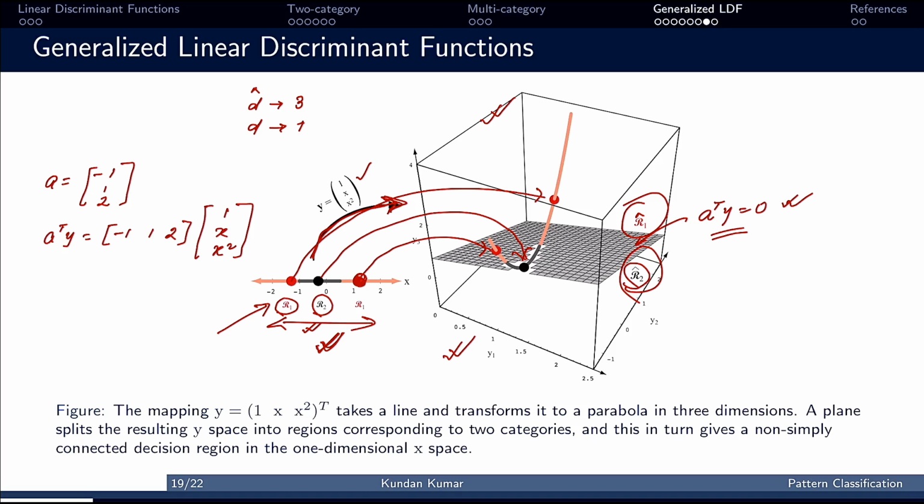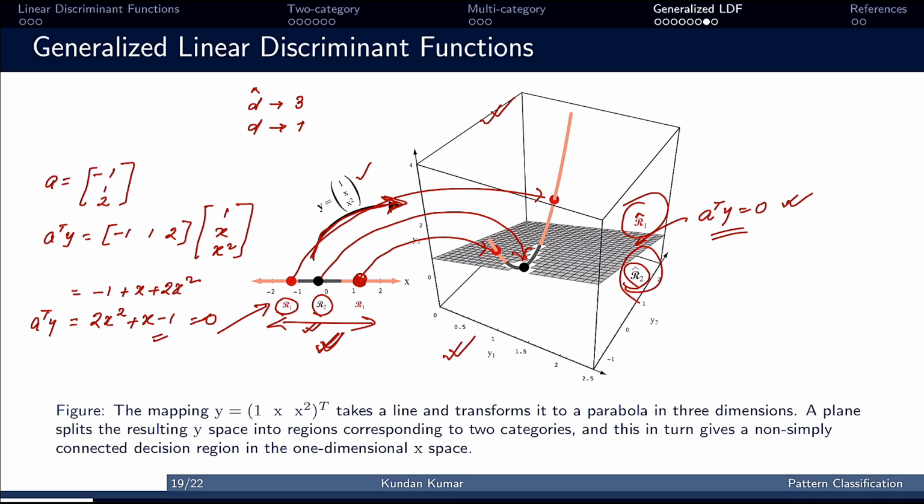Okay, and we can write -1 plus x plus 2x square, and we can write it as 2x square plus x minus 1. So, this is basically a transpose y, and we can solve this expression to obtain the solution of x.